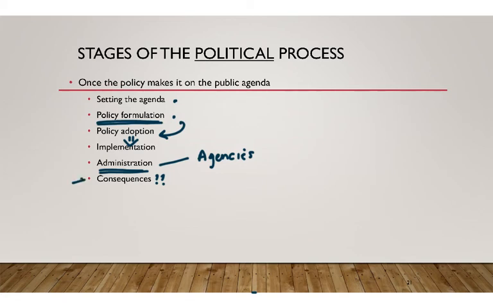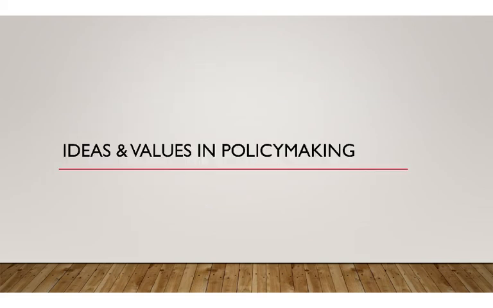And this is where we keep an eye out for consequences, unintended or intended, so that we can go back and adjust the policy if we need to. So while evidence, logic, and rationale do play important parts in the policymaking process, so do ideas and values.